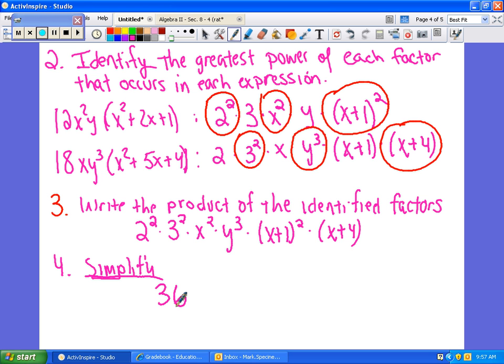And then you're going to squish everything else together. x squared, y to the third, x plus 1 squared, x plus 4. That's going to become, if I had these 2 things as fractions, this would be the least common denominator of those 2 fractions.